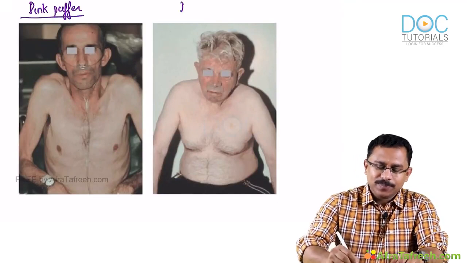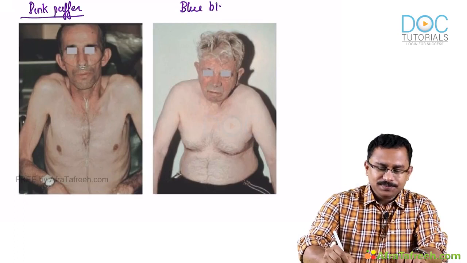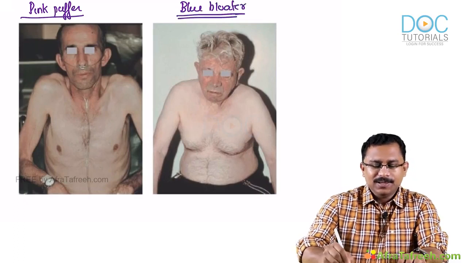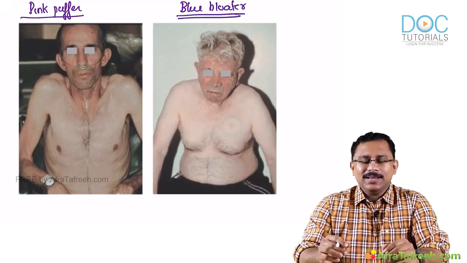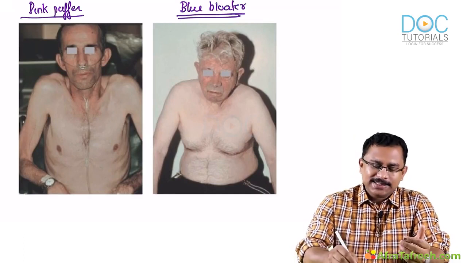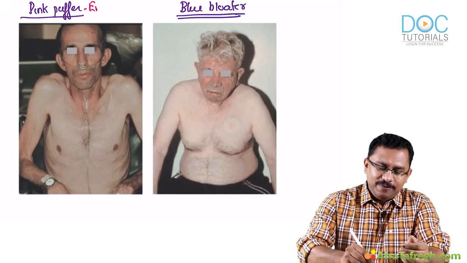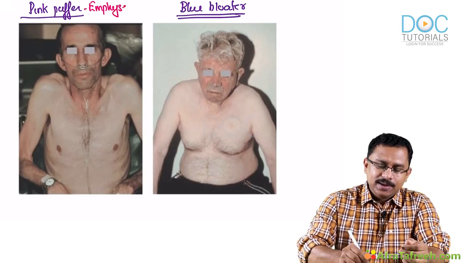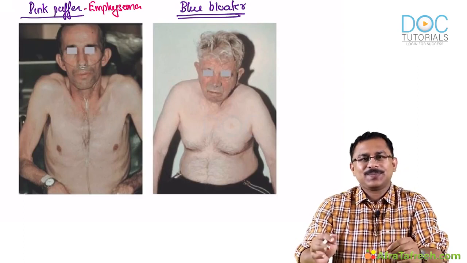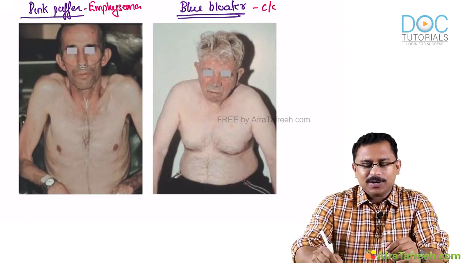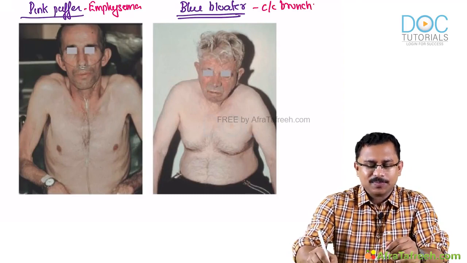This is somebody who is a blue bloater. So what do I mean by this? See, pink puffer occurs in someone where the emphysema is the dominant pathology, and blue bloater occurs in chronic bronchitis patients.